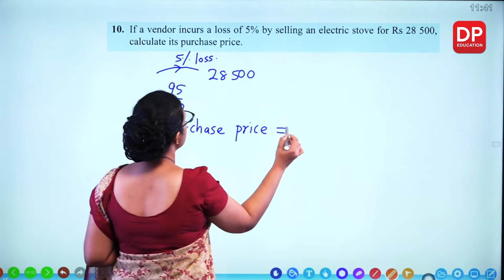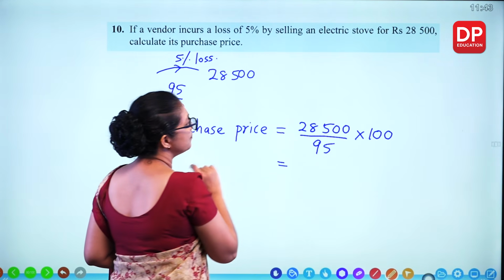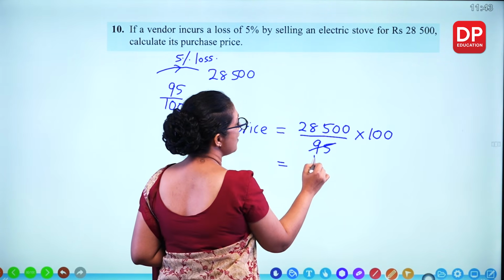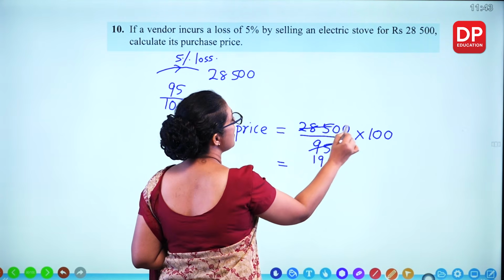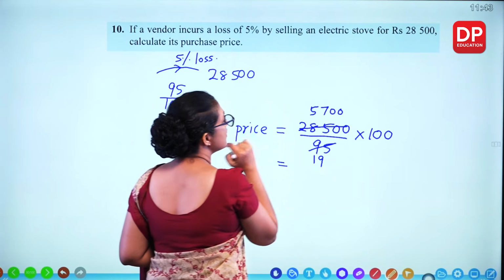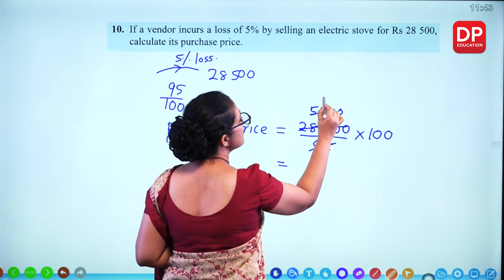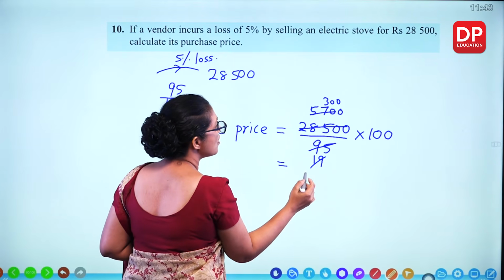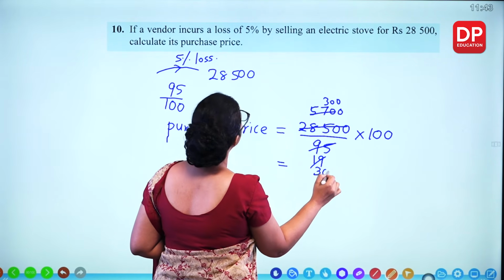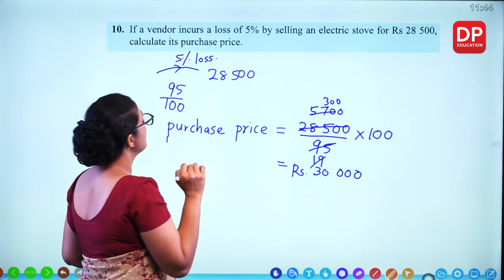So purchase price is 28,500 divided by 95 and multiplied by 100. 5 times 1, 5. So that's 9. 5 times 5, 25. For 35, that's 7. So 3 times 19, 57. So that's 300. 300 into 100, 30,000. So that's the purchase price.